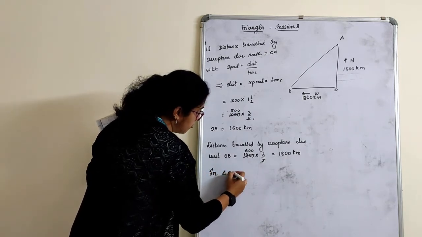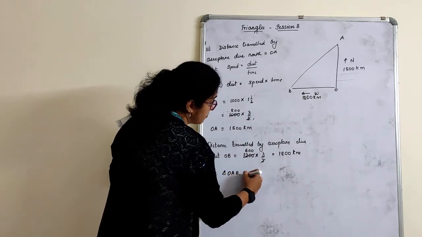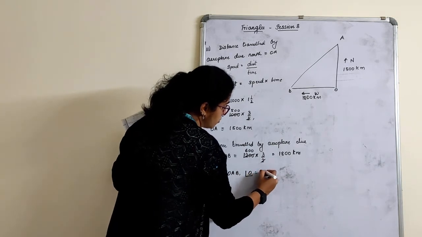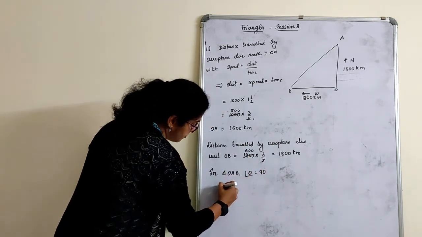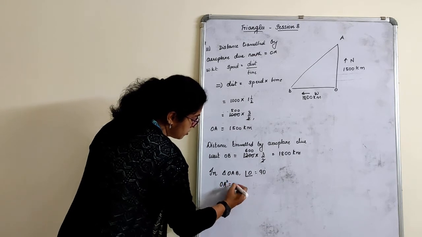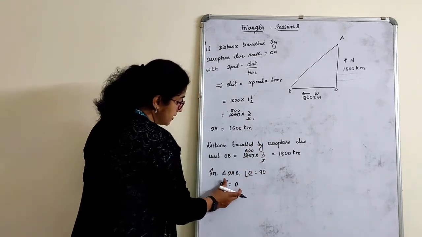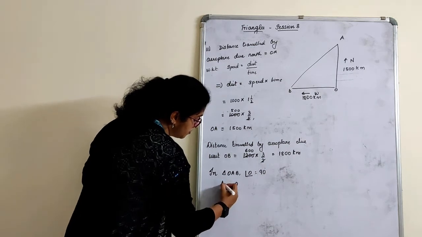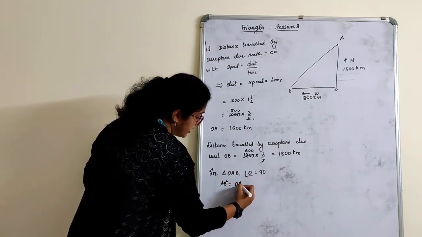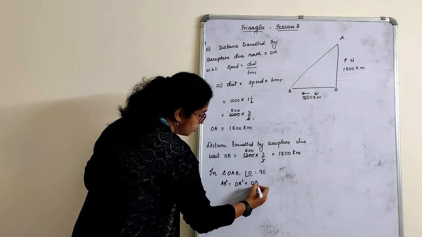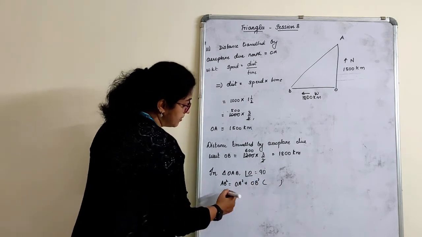In triangle OAB, angle O is equal to 90 degree. AB square is equal to OA square plus OB square, Pythagoras theorem.